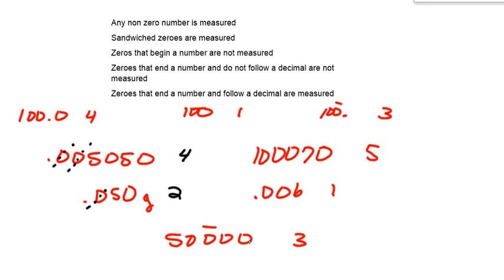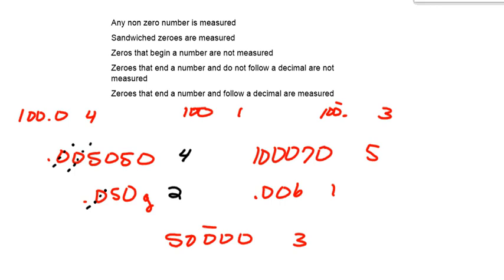These ending zeros do not follow a decimal point, so they're assumed to not be significant or measured. Now remember, the line over this 0 tells us that that 0 is a measured 0. The other 0 there must be sandwiched. So that's how we do that. Hopefully that makes reasonable sense. We'll practice some more on this to help you understand it.